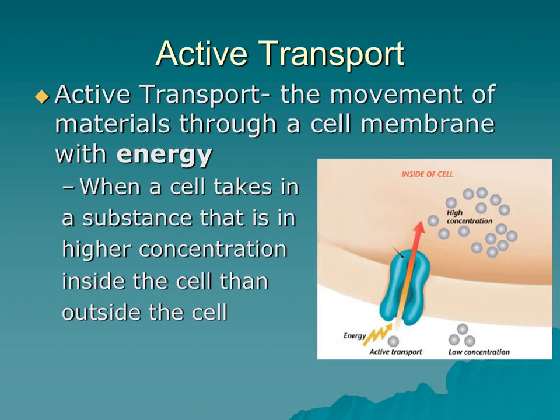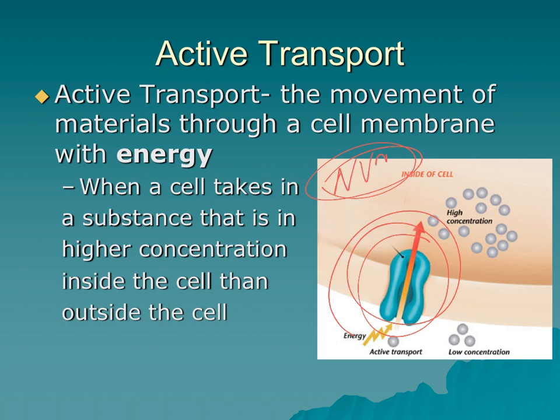That doesn't make sense to the cell really, and it requires a transport protein that is like a little shuttle bus that shoots it across the cell membrane. And whether or not that needs to happen is all dictated by the nucleus.